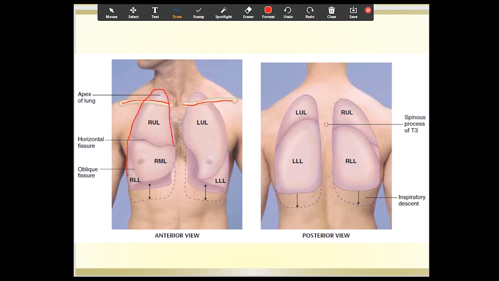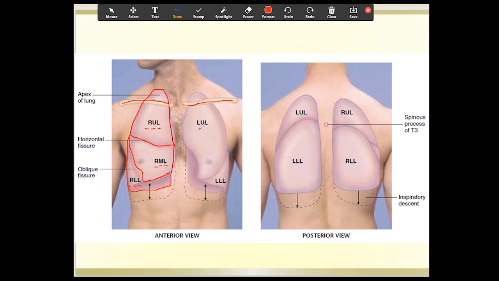And then the right side occupies the most part of the chest, and we separate it into 3 lobes. Right upper lobe. That's the right middle lobe. Then the right lower lobe. So that's the word meaning there.